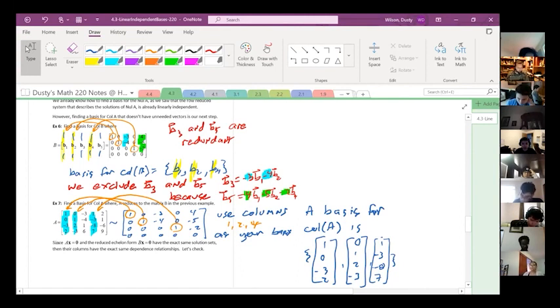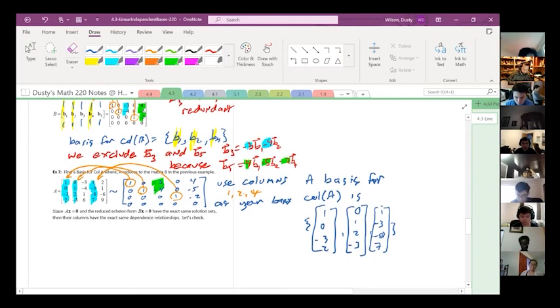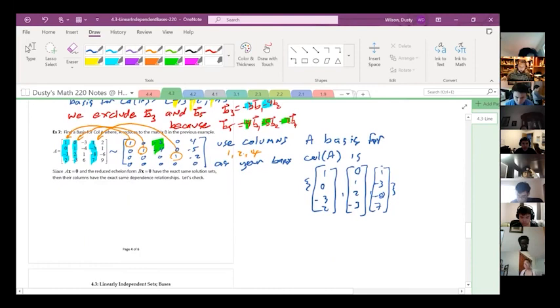So let's see if we can make a connection to what these free variables are representing once again. Those free variables are telling us how we can get non-trivial solutions.